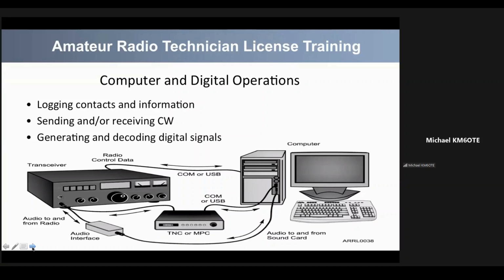So the way that works is that they're basically the computer and the radio. This is a little bit of a complicated diagram, but the computer and the radio communicate via audio.